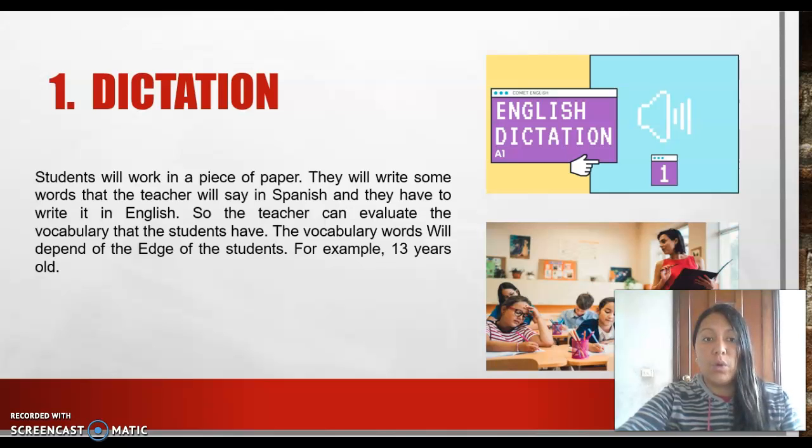Students have to know some vocabulary, so the teacher can evaluate the vocabulary that the students have. The vocabulary words will depend on the age of the students. For example, if the students are 13 years old or maybe 11 years old, they need to have one specific level and the teacher can choose the words depending on the level that the students are.